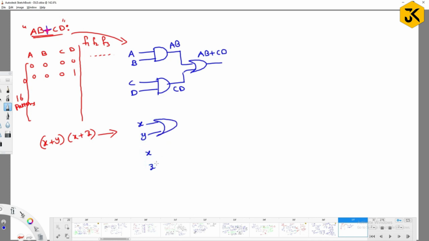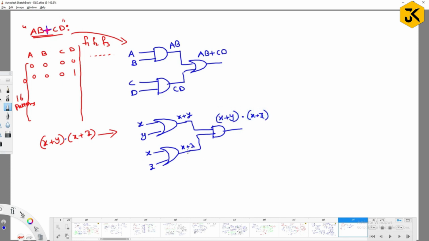Next, X plus Z: I need to use one more OR gate. You are going to get X plus Y and X plus Z, and for these you are going to perform an AND operation. So your result will be X plus Y and X plus Z.